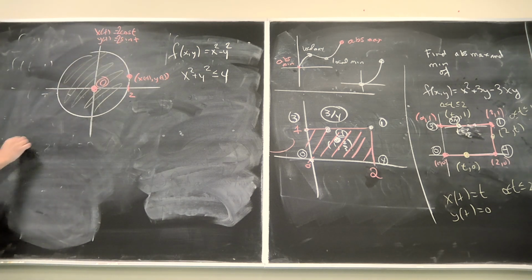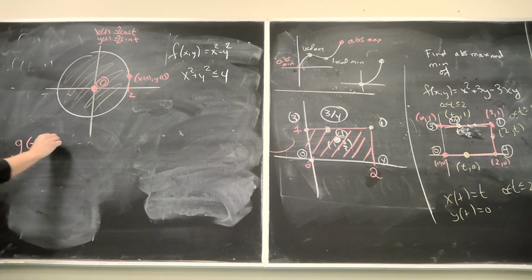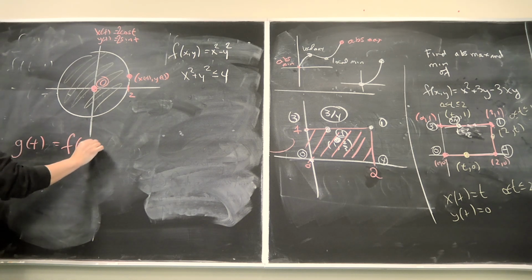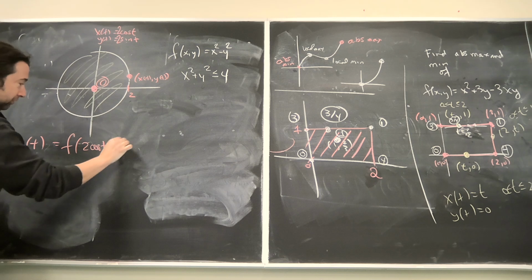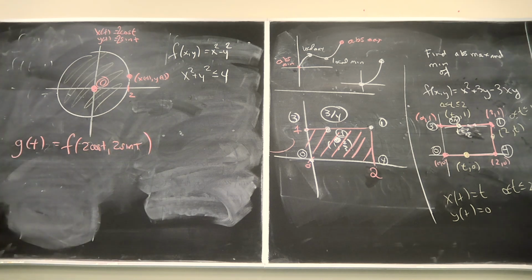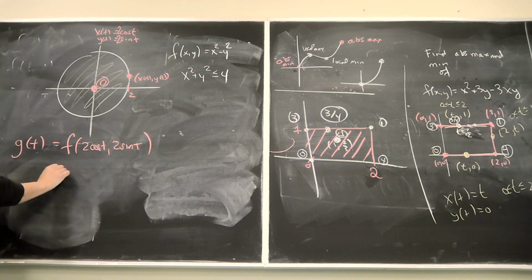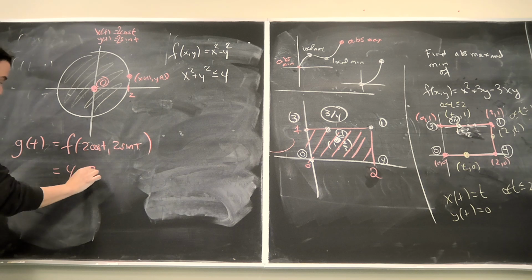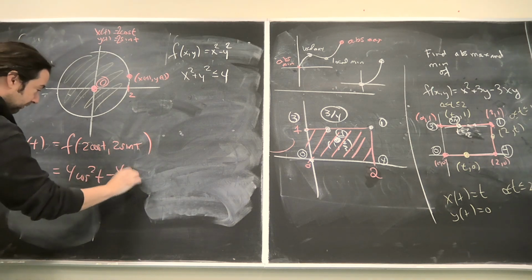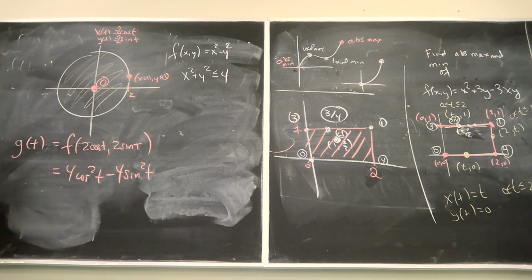So g of t, that is f restricted to the boundary curve, is going to be f of 2 cosine t, 2 sine t. And that gets you 4 cosine squared t minus 4 sine squared t. And don't go nuts here. That's not 1.